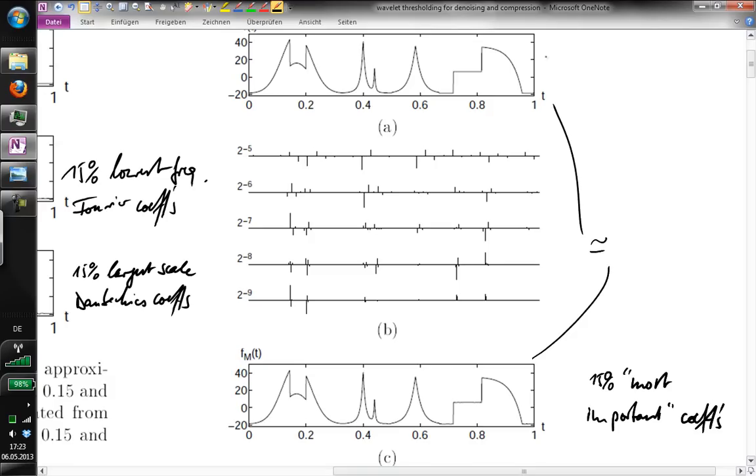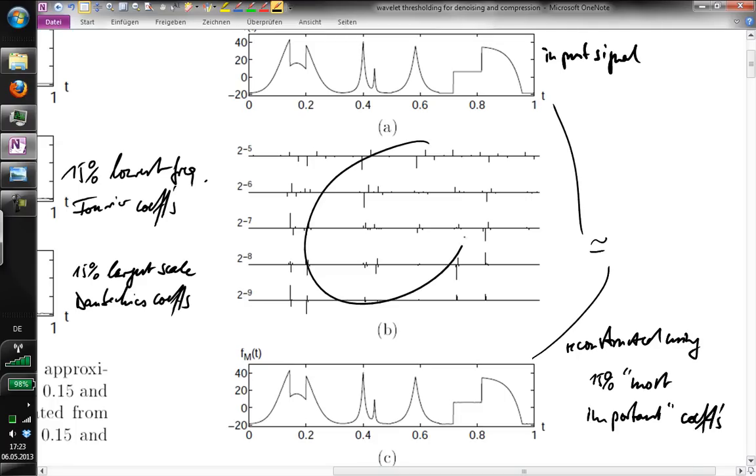This was the input signal. This is reconstructed using the 15% most important coefficients, and here in between we see the discrete wavelet transform. No, the Symlet 4 coefficients, those coefficients that were used here in the discrete wavelet transform. Yes, it's a different wavelet family that's being used.